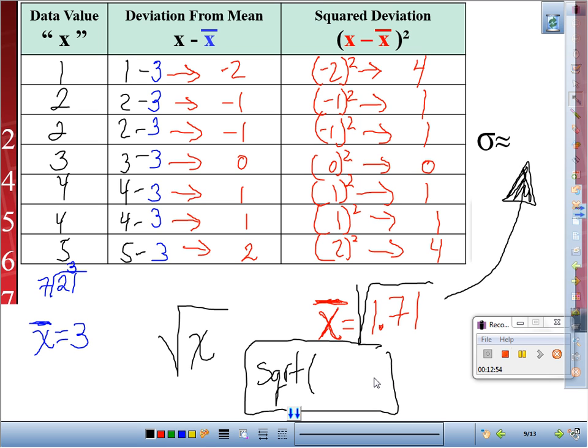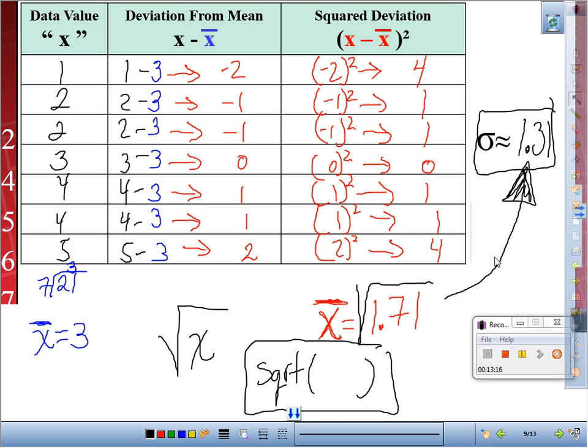Type in the number, close the parentheses, and equal. Who's got it? Okay, Kendra, what did you get? 1.307669. So if we round to the second digit, that's what? 1.31. Hands if you got that. That is correct. That's our standard deviation.